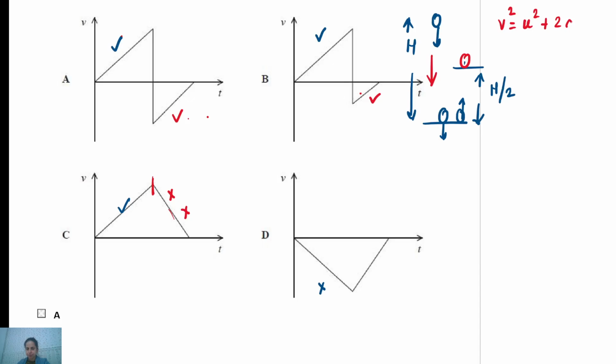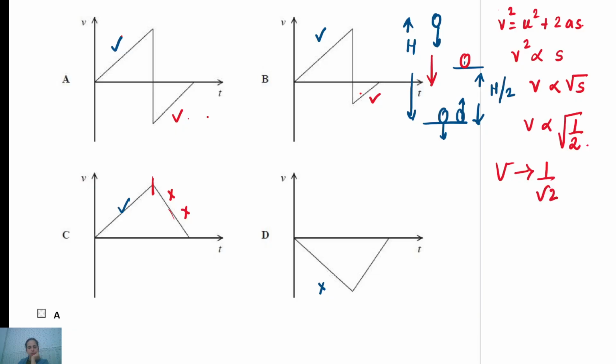Okay. So what is the relationship between V and S? This means my V is proportional to the square root of S. Now, that means if your S becomes half, your velocity would become 1 over root 2, isn't it?